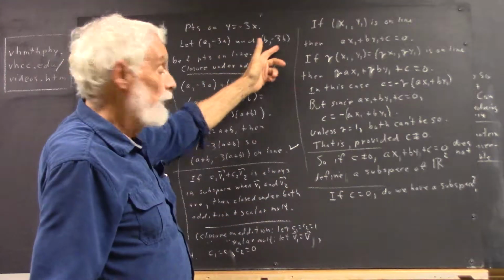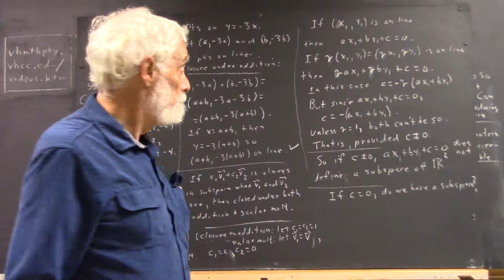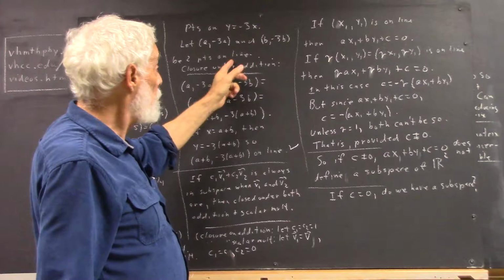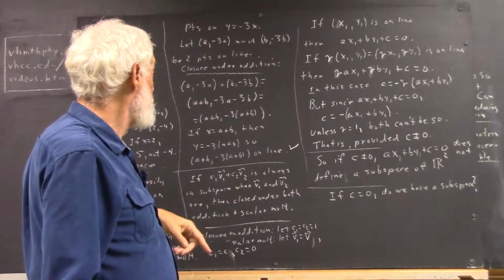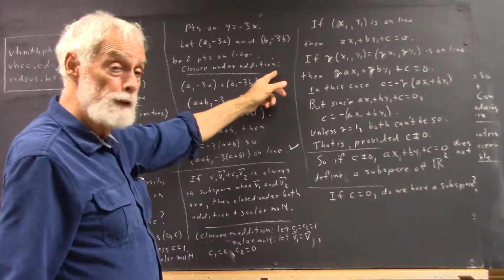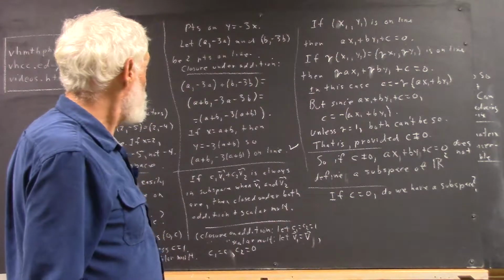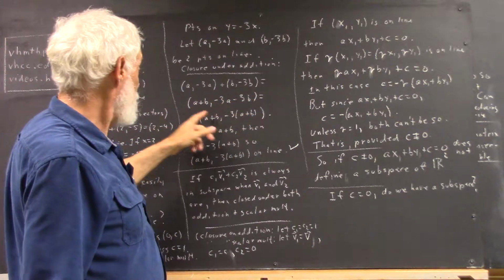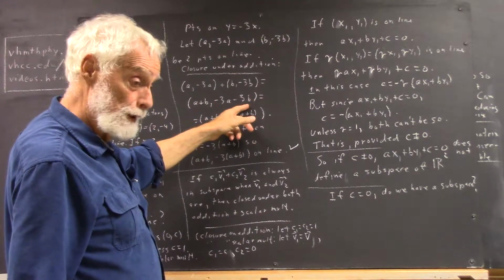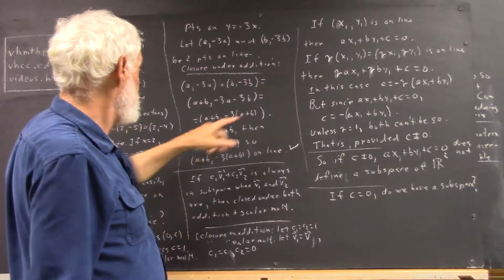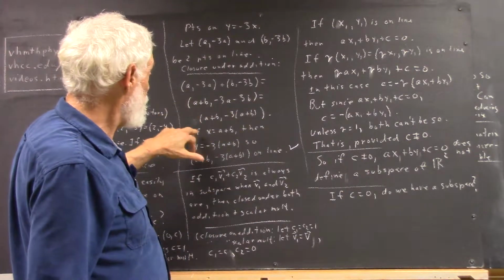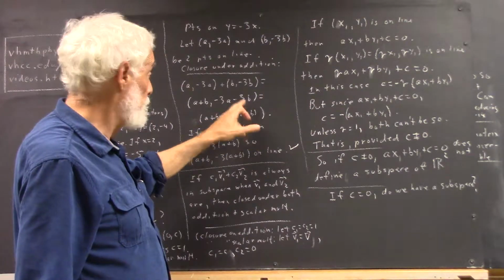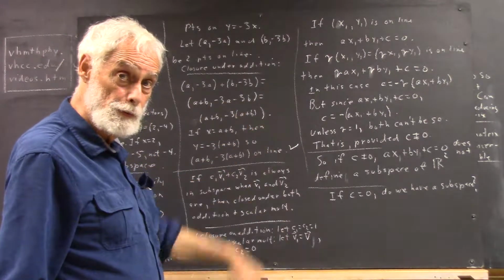And so could b, negative 3b, right? So if a, negative 3a, and b, negative 3b stand for 2 points on the line, could be any 2 points, we can check for closure under addition. Okay? So what's a, negative 3a plus b, negative 3b? That's a plus b, negative 3a minus 3b. Okay, what does that equal? That equals a plus b, negative 3 times the quantity a plus b, just simplifying this by factoring out the negative 3.